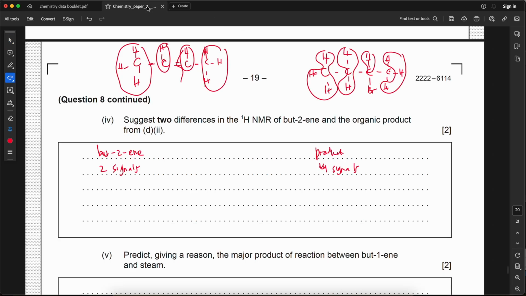So the chemical shift here is 4.5 to 6 ppm, and this one is 3.5 to 4.4 ppm.